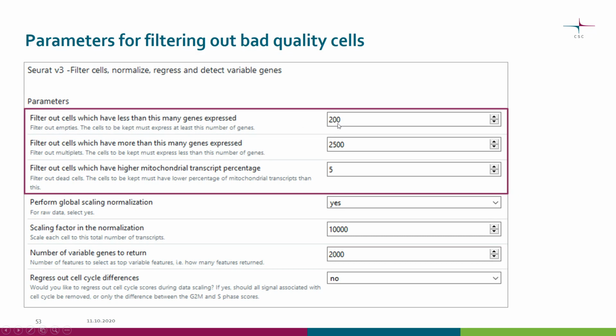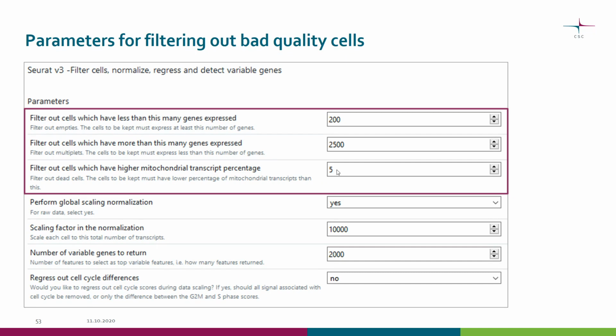How many expressed genes must a cell have in order to be kept? And you also want to get rid of multiplets. So you want to get rid of cells which express more than this many genes. And finally, you want to get rid of the dead cells too. The default value for the mitochondrial transcript percentage is 5.